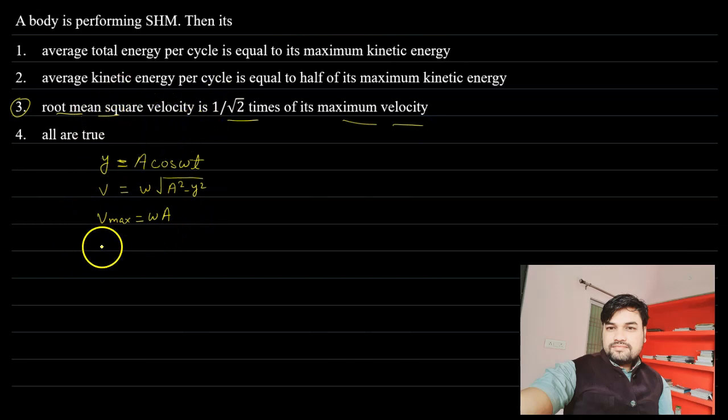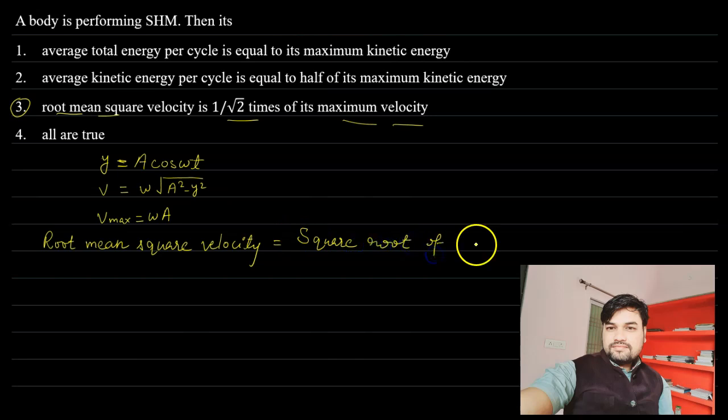Root mean square velocity is the square root of the average of velocity square.